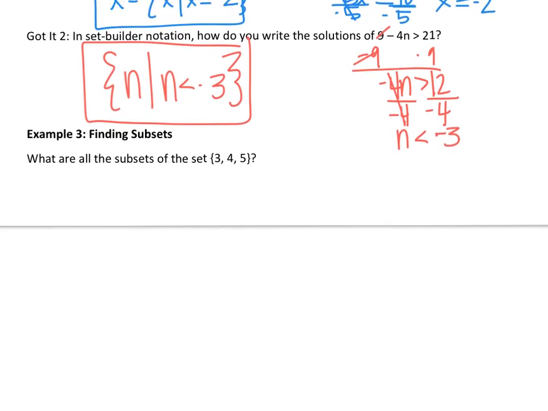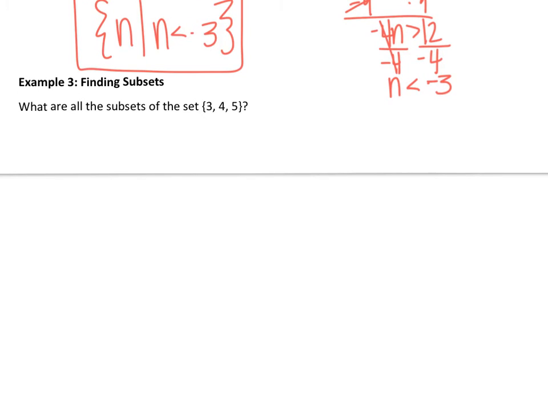Okay, example 3, finding subsets. A subset of a set is any combination of elements of the set. So, how do you find your subsets? The empty set, or the brackets with nothing in it, is a subset of every set.